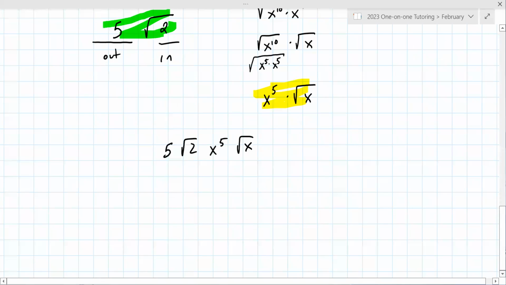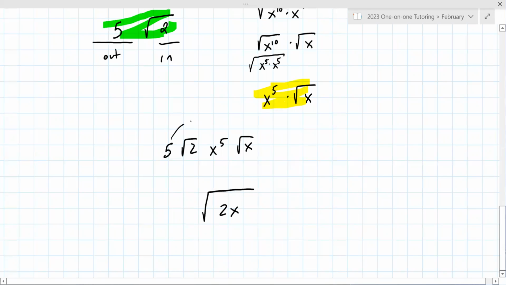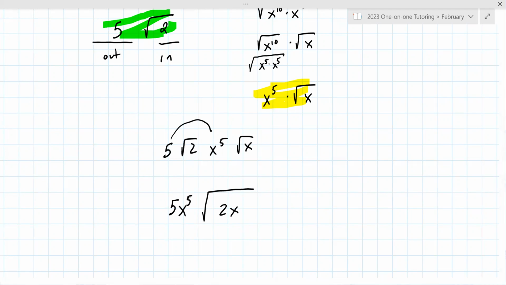And so the parts that are in the square root, they go together in the root, and then the 5 and the x to the 5th, they go together outside the root. Okay.